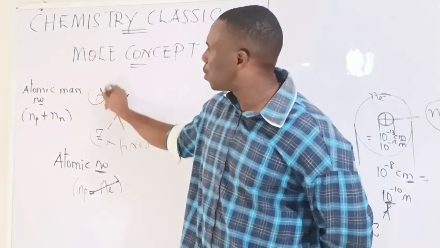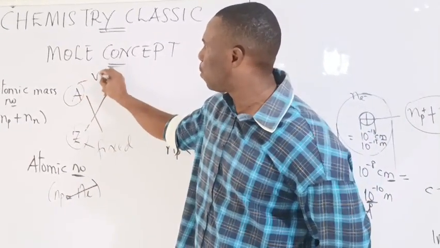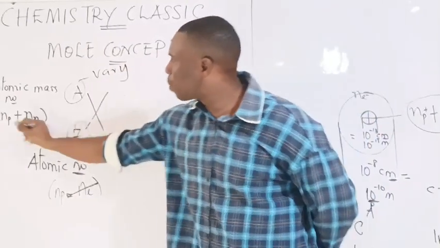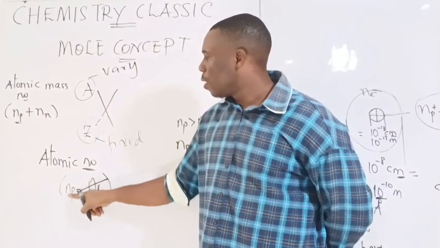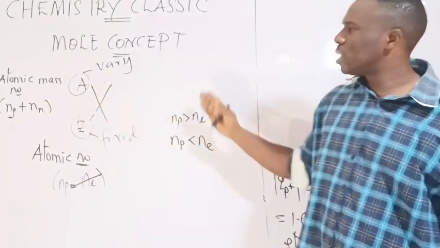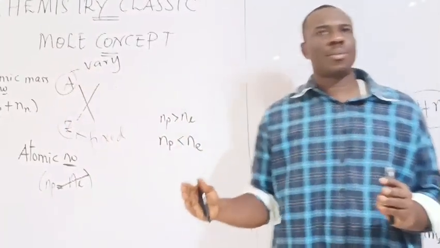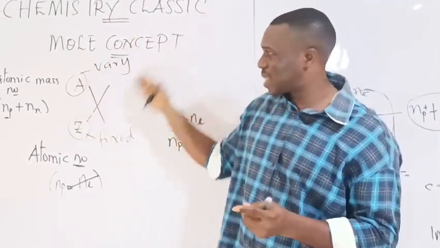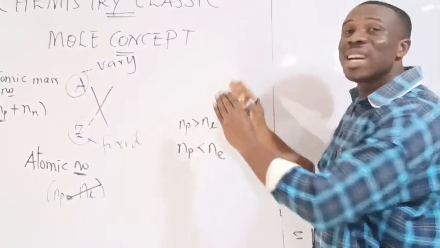But this value could vary. Why? Because the number of protons remains the same, but the number of neutrons could change. So what we do is we take the weighted average. Since this term changes for the same element, we take the weighted average.